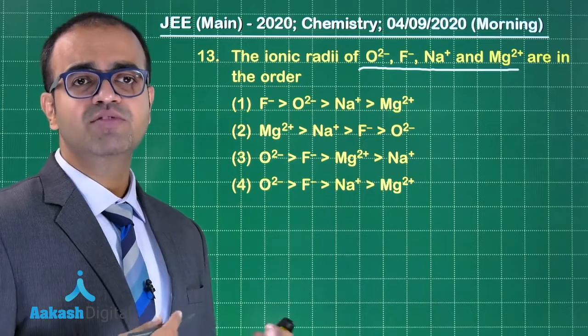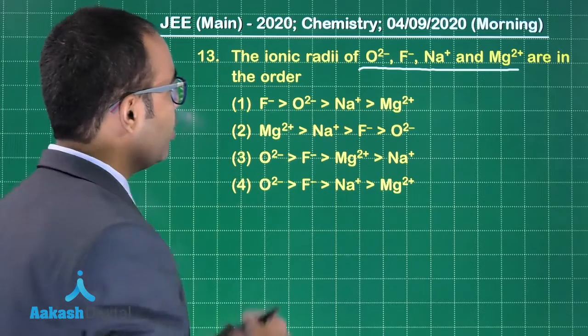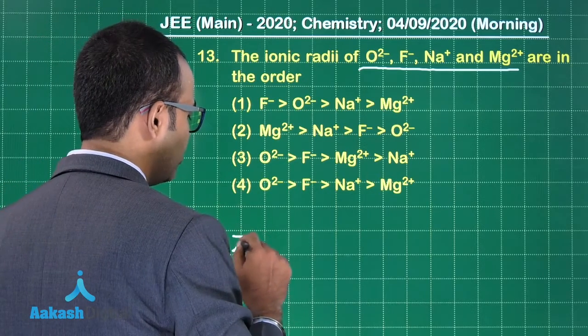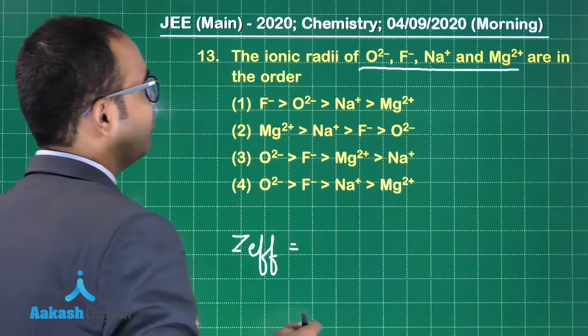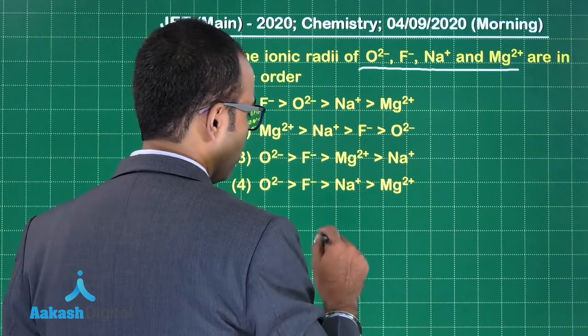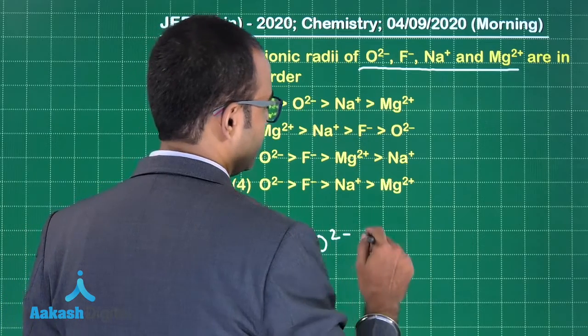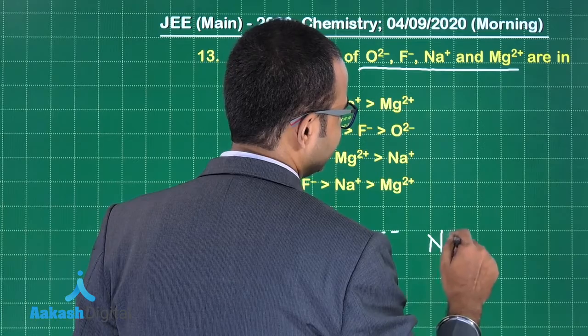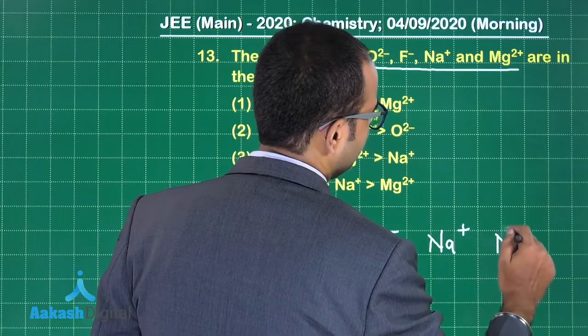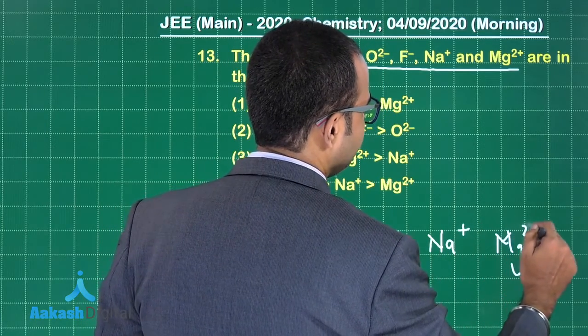You look at the effective nuclear charge, right? So what happens to the effective nuclear charge as you go from O2 minus to fluoride ion to Na plus to Mg2 plus?